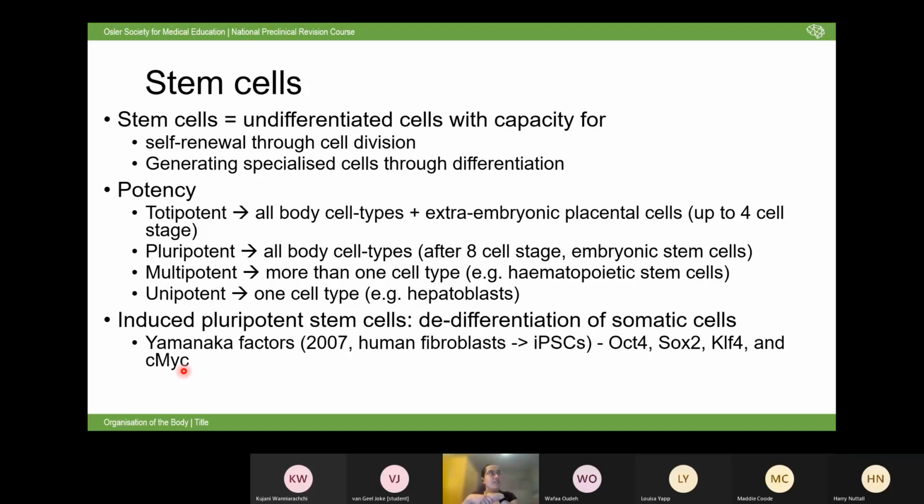And this is very useful, particularly for research, but in the future potentially for therapies, because you can then push these pluripotent stem cells into a range of different lineage pathways. So, for example, producing neurons or producing other cells that aren't normally able to replicate themselves. So that is why that's useful.